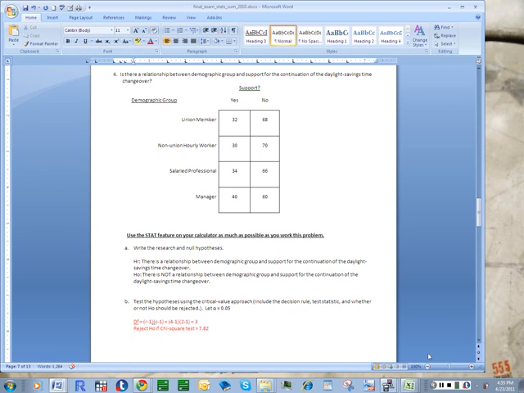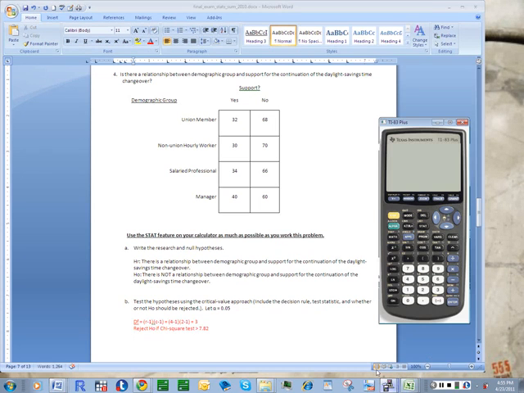And then to compute this, first of all, I'm going to put the values from this table into the matrix. And so I'm just going to arrow over to edit, hit enter, and I have a 4 times 2 matrix.